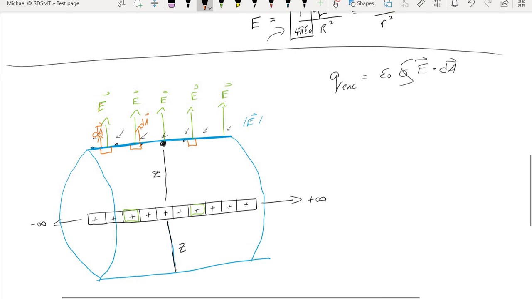So just like the sphere, we have electric field lines that are running parallel to the area vectors.